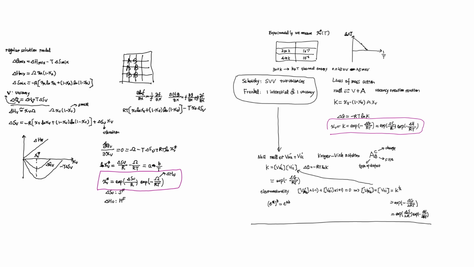And if you have this many vacancies, then we have the total vibrational entropy change. We can approximate it as simply having a linear dependence. Again, when XB is small, we can do this. Of course, you'll be wondering, okay, where does that come from?